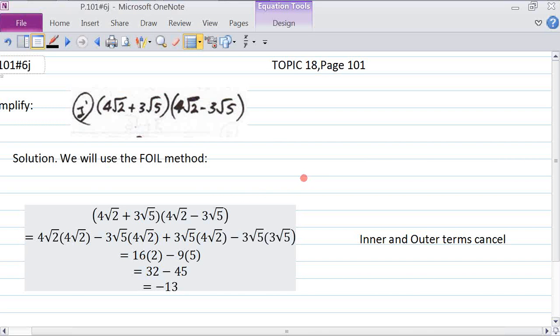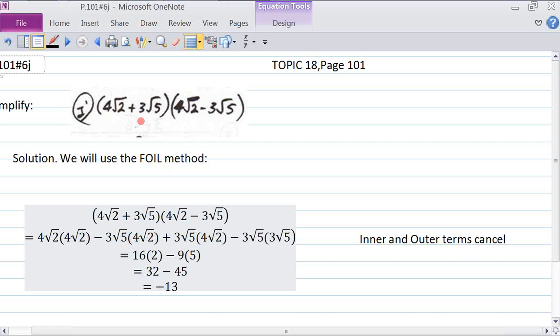And when we use the FOIL method here, the first times the first gives us 4 root 2 times 4 root 2. And then this outer term, minus 3 root 5 times 4 root 2, is the outer term.